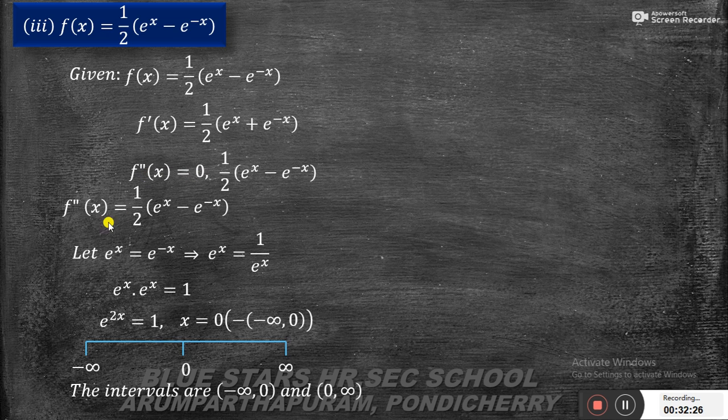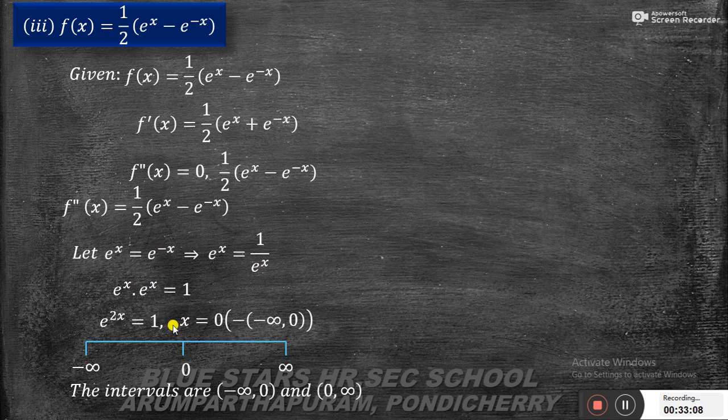We know the f double dash function is 1 by 2 times (e power x minus e power minus x), and this equals 0. Cross multiplying the 2, the numerator e power x minus e power minus x equals 0. Writing the minus term on the right-hand side, e power x equals e power minus x. Therefore e power x equals 1 by e power x. Just doing the cross multiplication, e power x times e power x equals 1, so e power 2x equals 1.